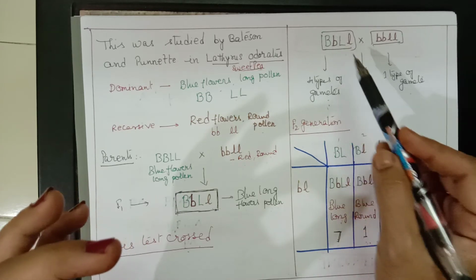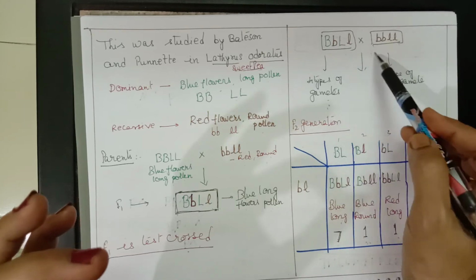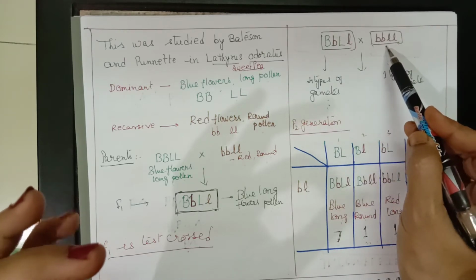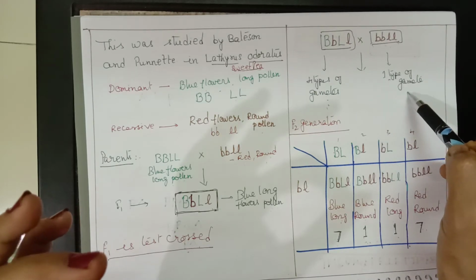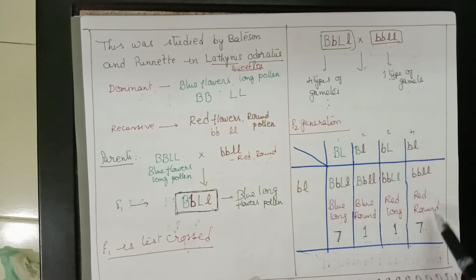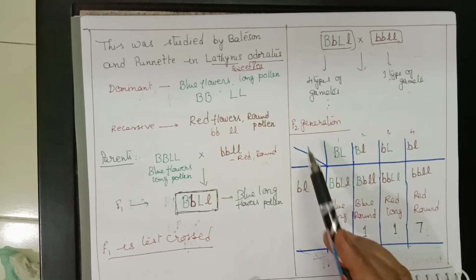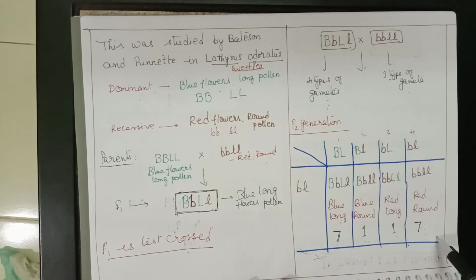So due to crossing over, four types of gametes are formed. And since the other parent is completely homozygous and recessive, only one type of gamete is formed. The same thing we have shown in the form of a cross. Check this format, it is called a checkerboard or Punnett square. The F2 generation we show by this checkerboard method.